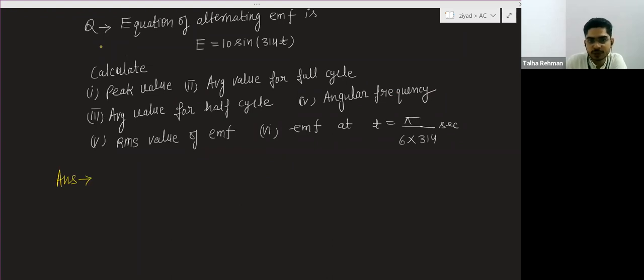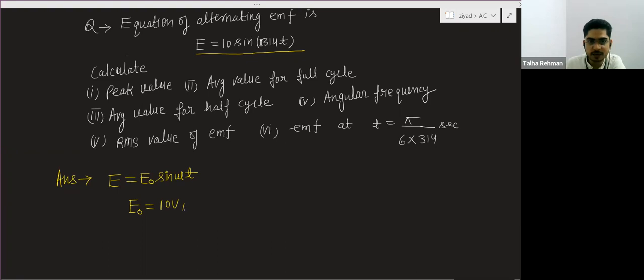They are asking: equation of alternating EMF is given, E is equal to 10 sine 314 T. So what is the standard equation of EMF? E is equal to E naught sine omega T. So now compare both the equations. When you compare, E naught you will get 10, 10 volts you will get.